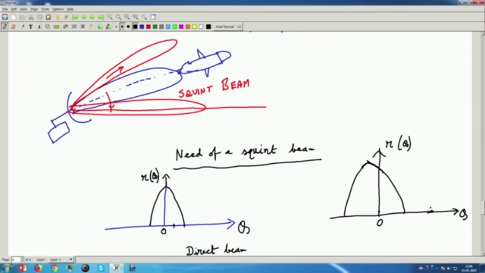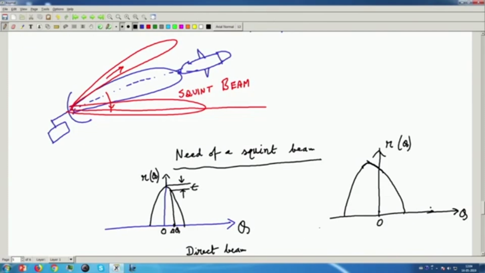Let us say that at an angle delta theta, what is delta theta? In the radiation pattern, the difference from the 0 is epsilon. Let me call it epsilon, or error.